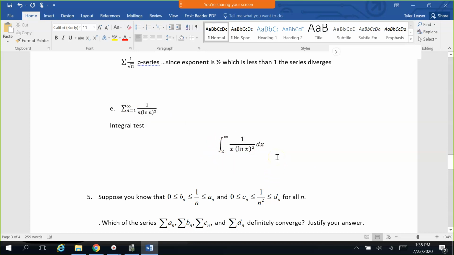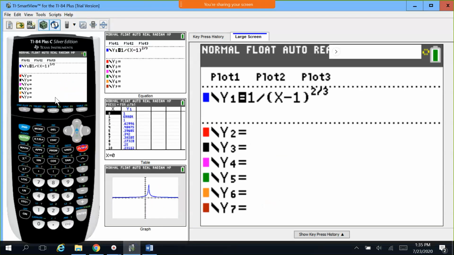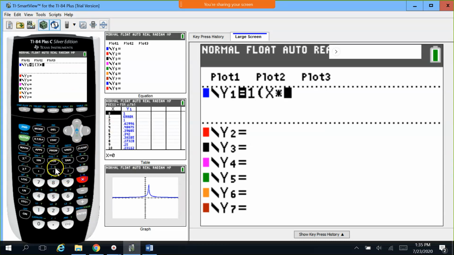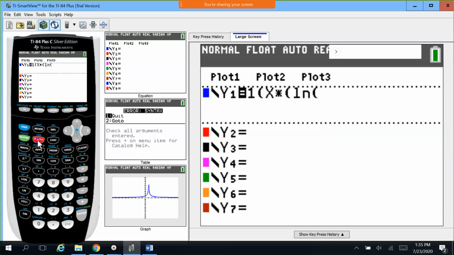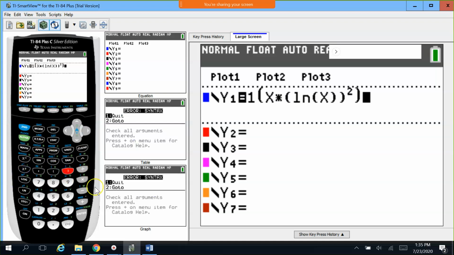The other thing that we need to worry about is we need to see if this is decreasing or not the entire time. I'm just going to do that by plugging this into the calculator and looking at the graph. So 1 over x times the natural log of x squared. I don't think I hit division there, did I?